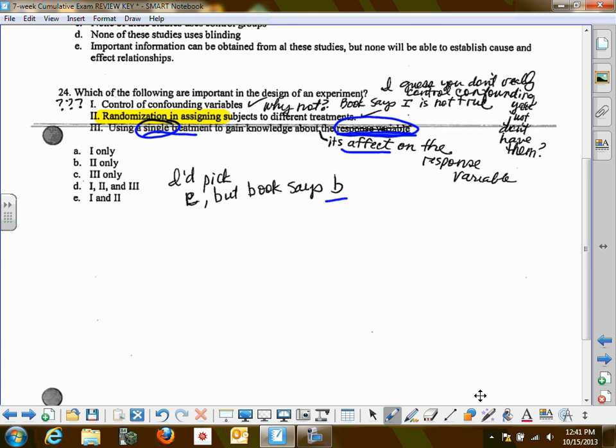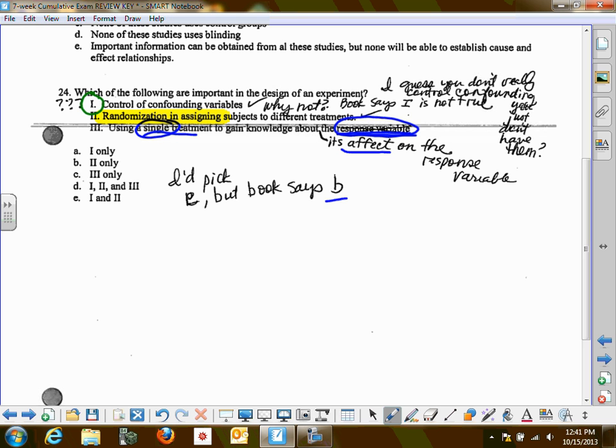Okay, so I had an issue with this one. The book did not say 1 is true, and I'm like, yes, it is. Anytime you go into an experiment, aren't you automatically thinking, is there anything else that is affecting this that I need to make sure that I control? Like when I do the plants and the fertilizer, do I put some in sun and some in shade?